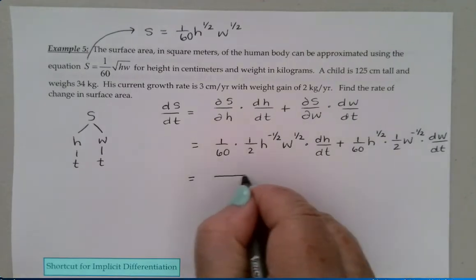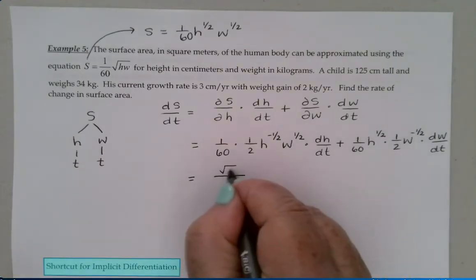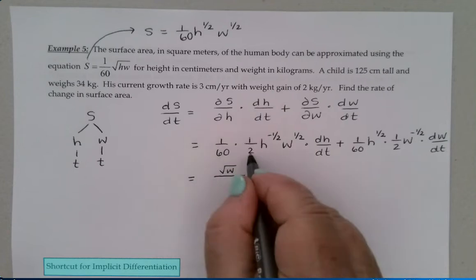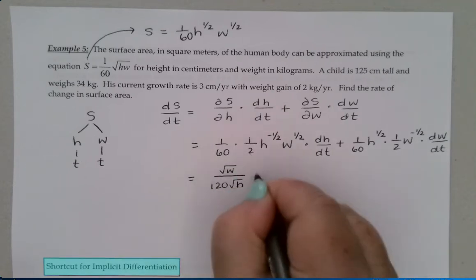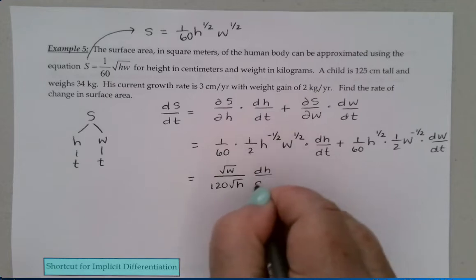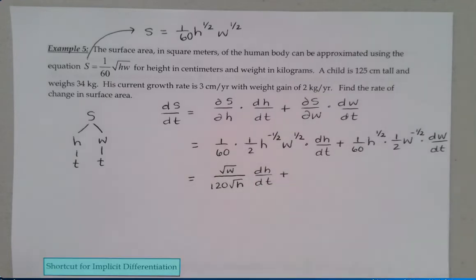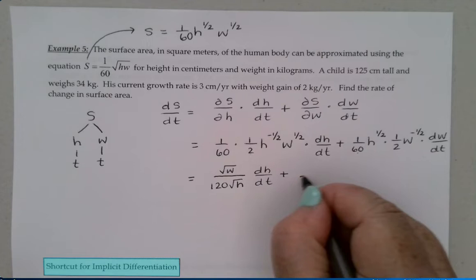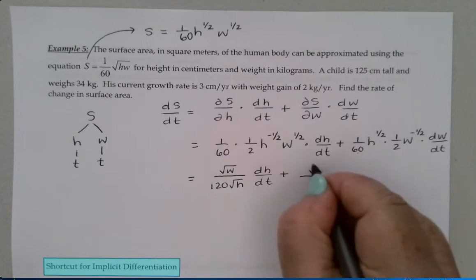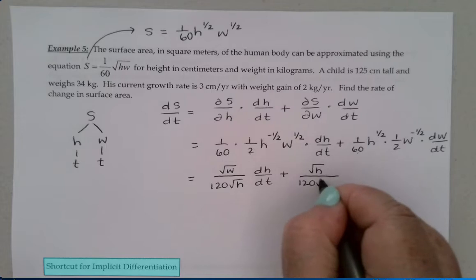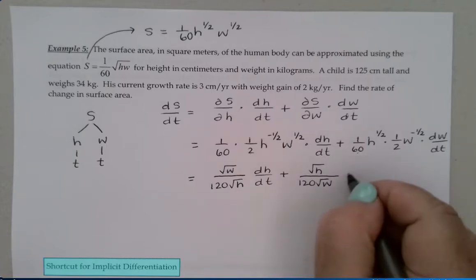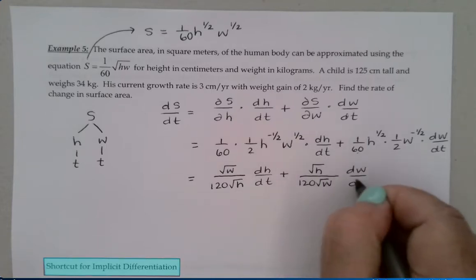I would have the square root of W on top and 120 square root H on the bottom, times dH/dt. Over here, same idea: the square root of H on top and 120 square root W on the bottom, and that's times dW/dt.